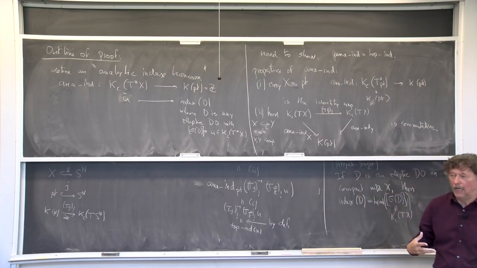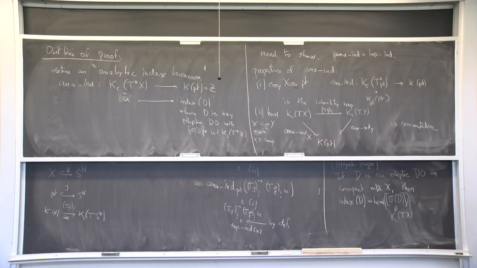The answer is, yes, but you need orientability. So the question is, for which X is the tangent bundle K-orientable? It turns out that if X is a spin manifold, that gives you a K-theory orientation. Actually, you need slightly less. You just need a spin C structure, but it's easier for me to think of spin structures. So a spin structure will do the job.